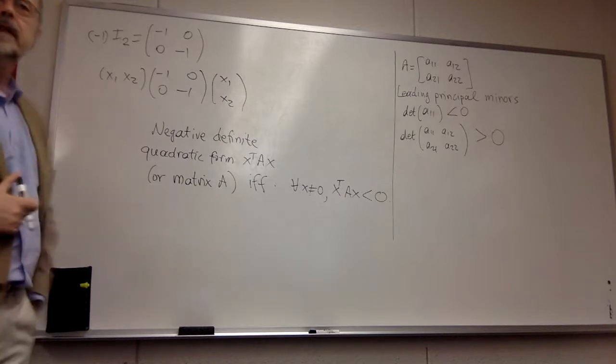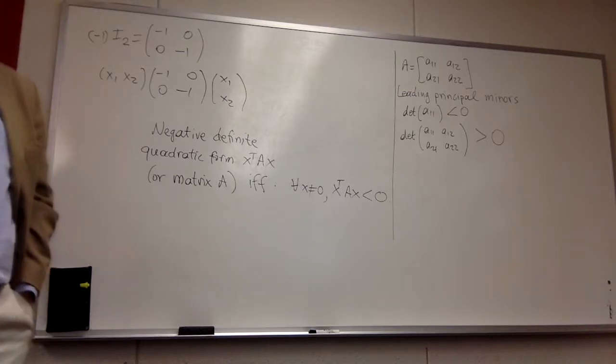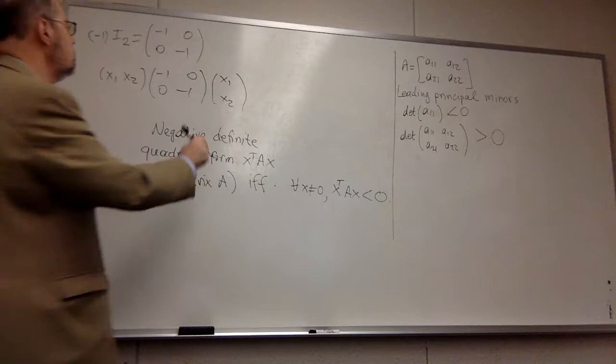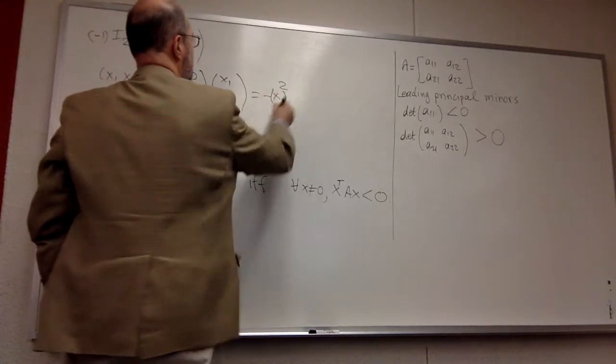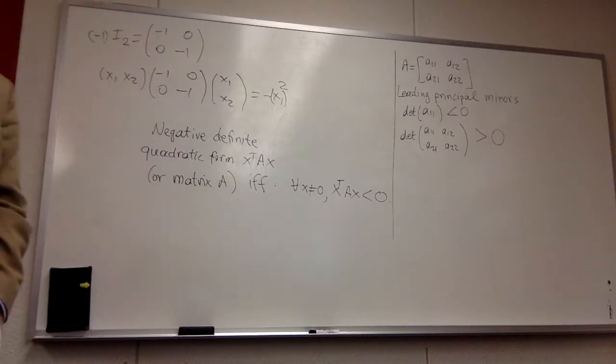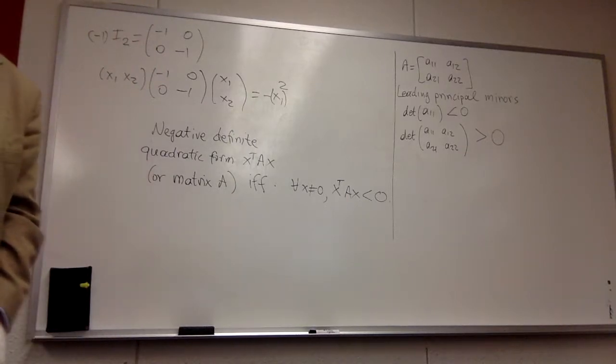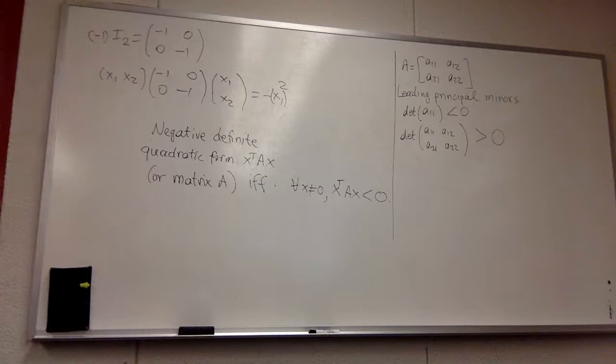And I'll spare you the calculations, but they're very easy. You can easily check it at home. You are going to get minus x1 squared. And I prefer to put it in parentheses because sometimes a superscript means something that is not an exponent. So what I mean here is the number x1 is squared. It's raised to the second power. So it's a little clearer if you put it in parentheses. Okay?